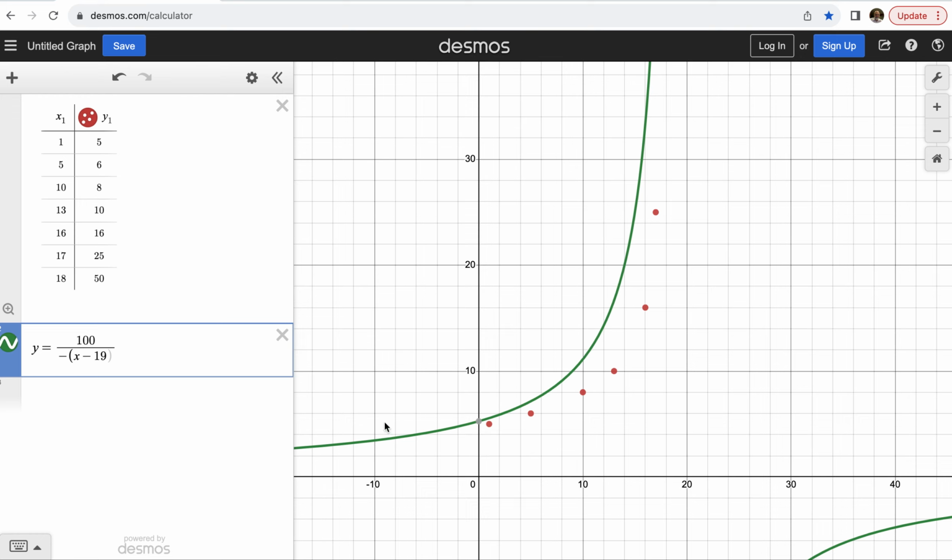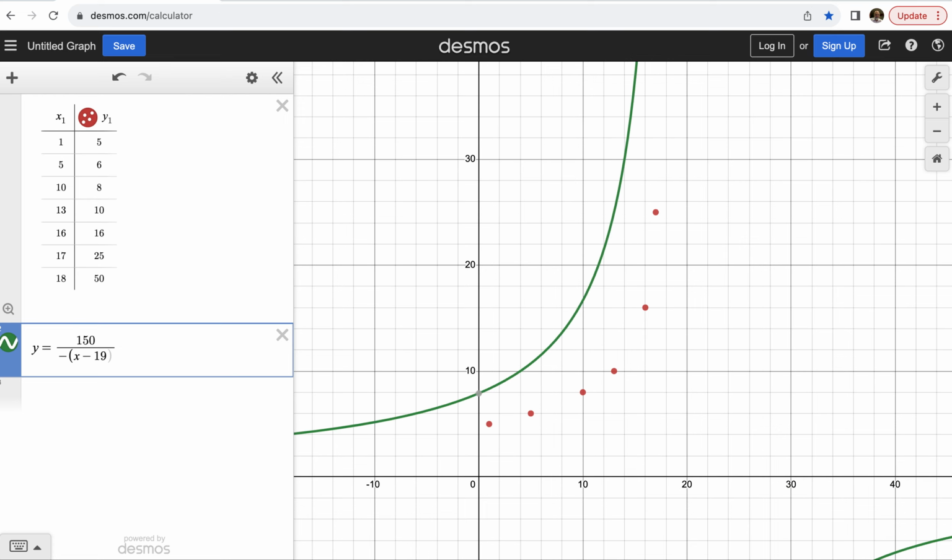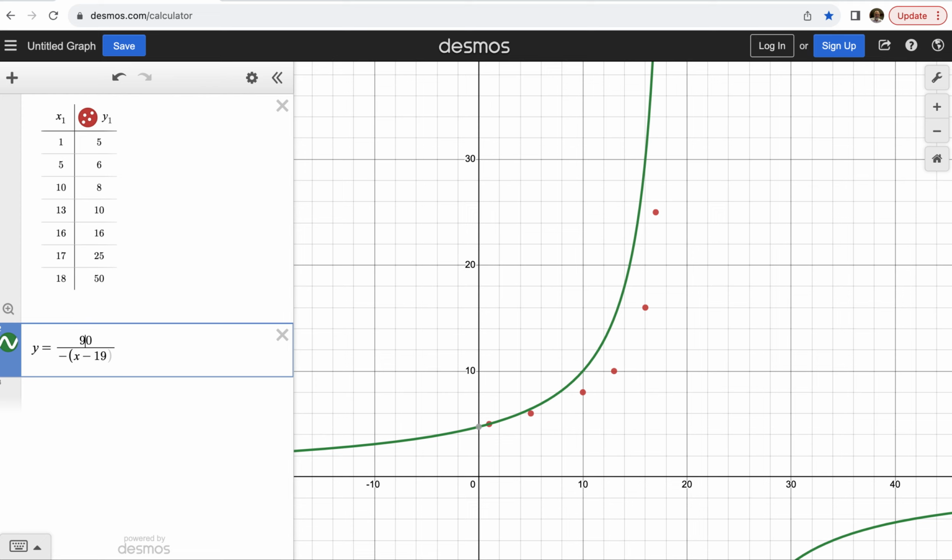There might be a vertical asymptote, but let's work on the curve here. So I need it bent more, so I'm going to make it maybe 150. No, I need to bend it. Oh, I need to make it a smaller number. So let's go to 90. It's getting better. Maybe 80.